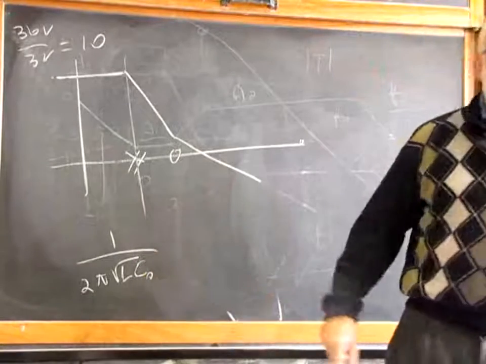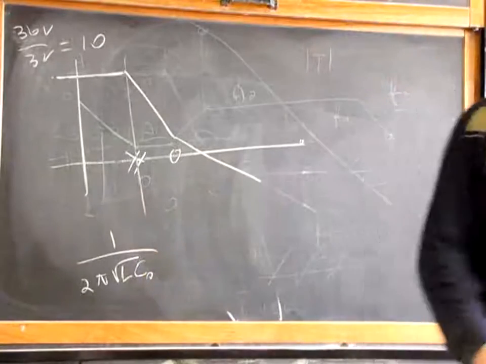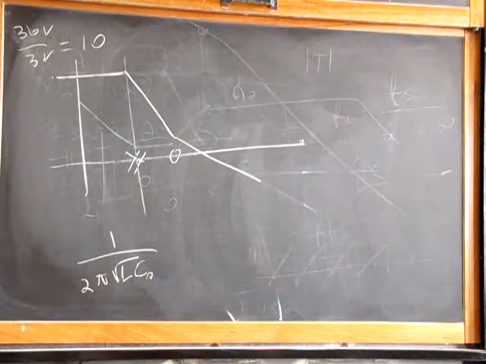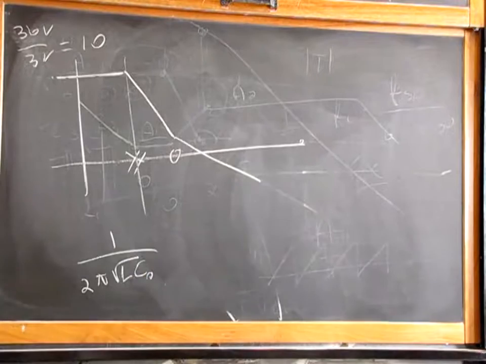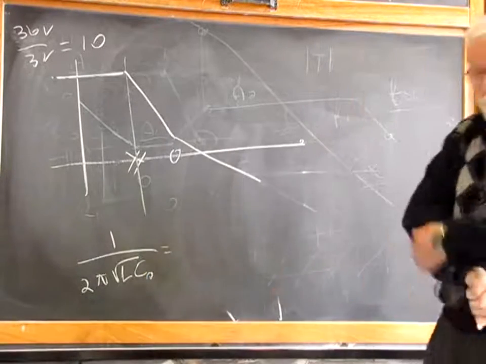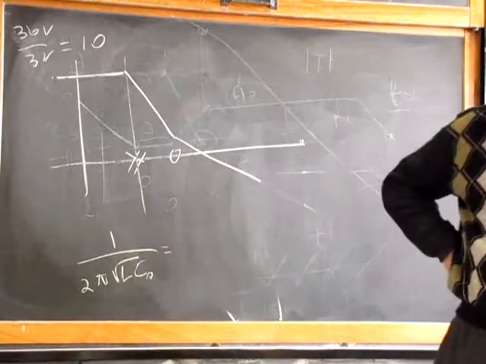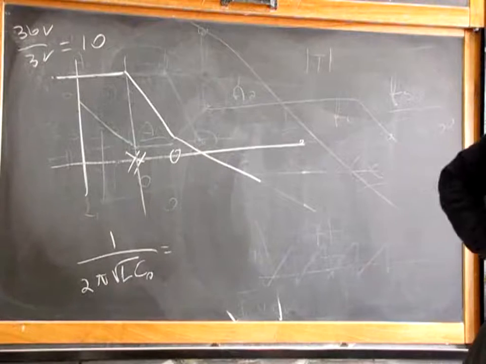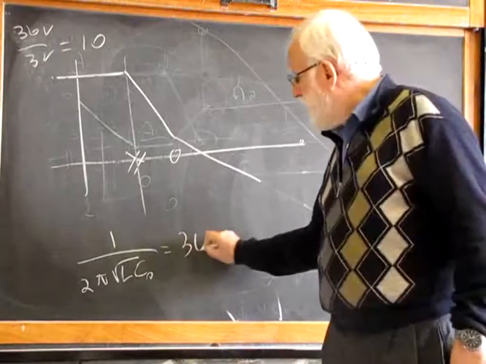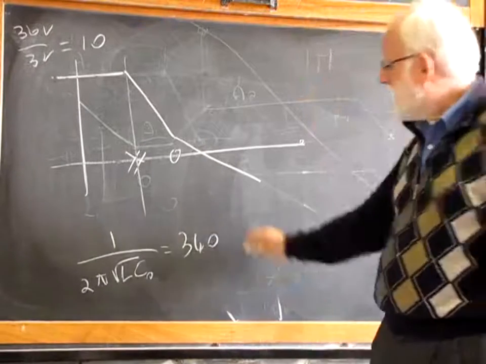How much is C out? You have an idea of C out from the ESR. In this case, it's given because of the existing circuit. 340 hertz.